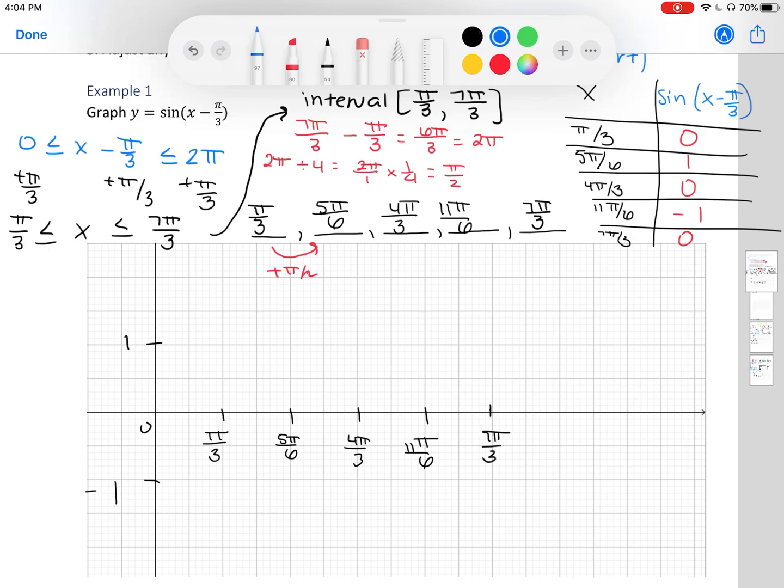All right, let's go ahead and plot our points. So I have 0, 1, 0, -1, and 0. And let's go ahead and connect our graphs. Make sure they're a smooth curve. And there you have it.